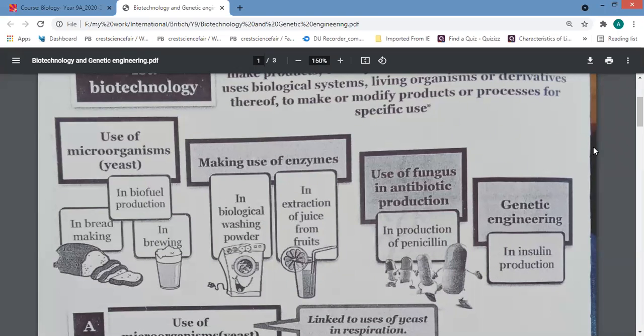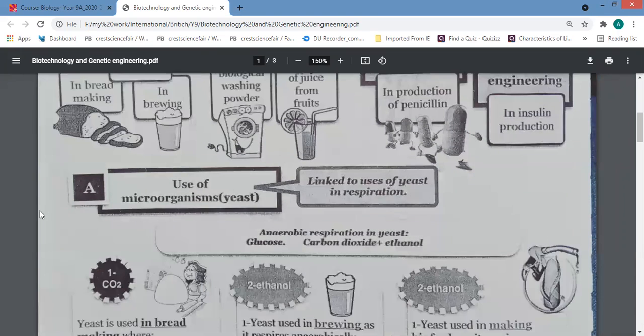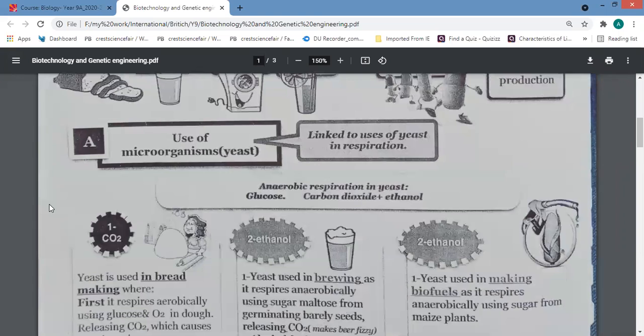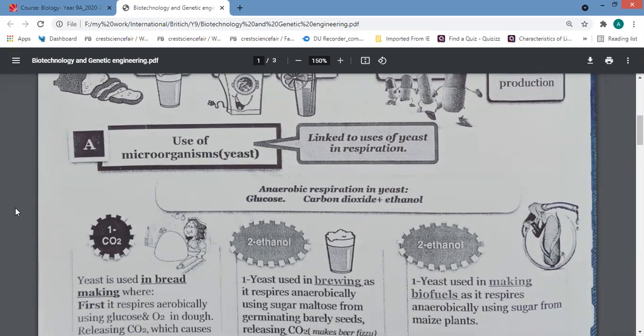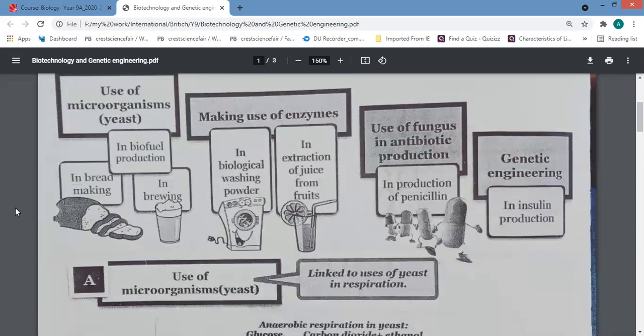Firstly, let's talk about uses of yeast for different production: in making bread, in making alcohol or brewing, and production of biofuel.